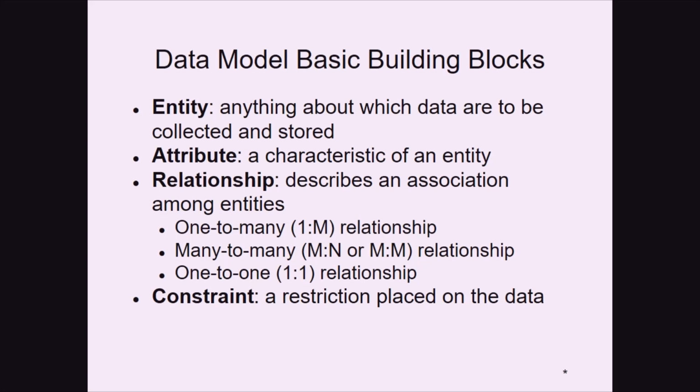So here we have three examples of relationship that we can encounter during data modeling. Number one is one to many. We also have many to many, and we have one-to-one relationship.